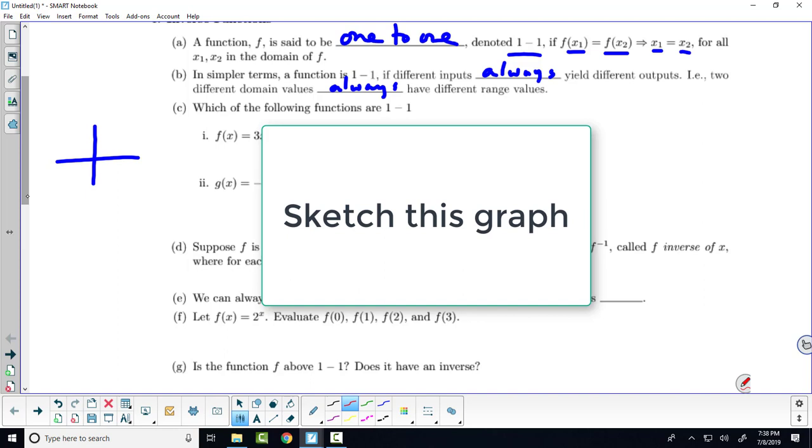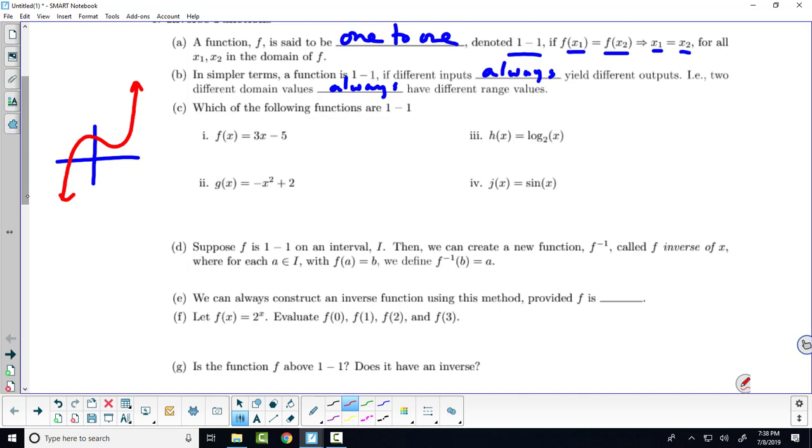This is not a 1-to-1 function right here. Why is this function not 1-to-1? Because, for instance, right here, I have three different domain values, all of whom give that same range value. So that's not a 1-to-1 function.